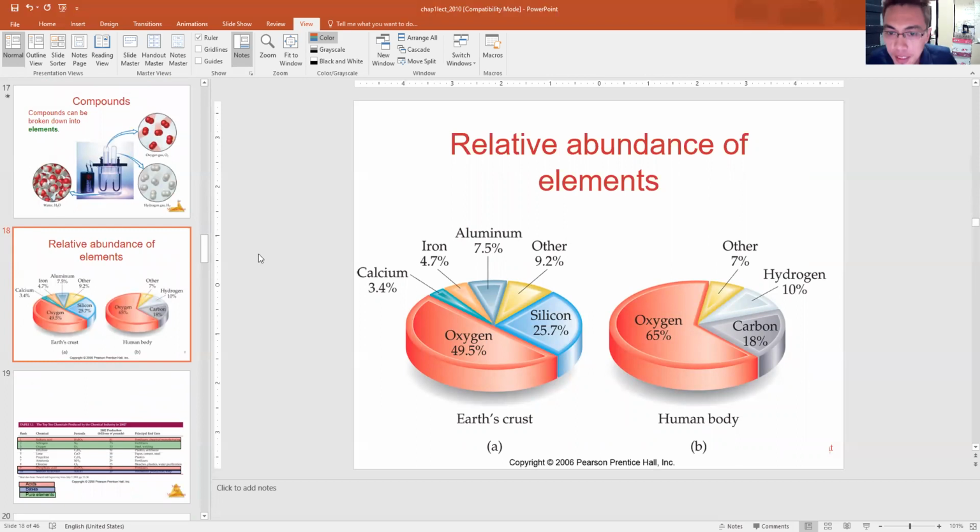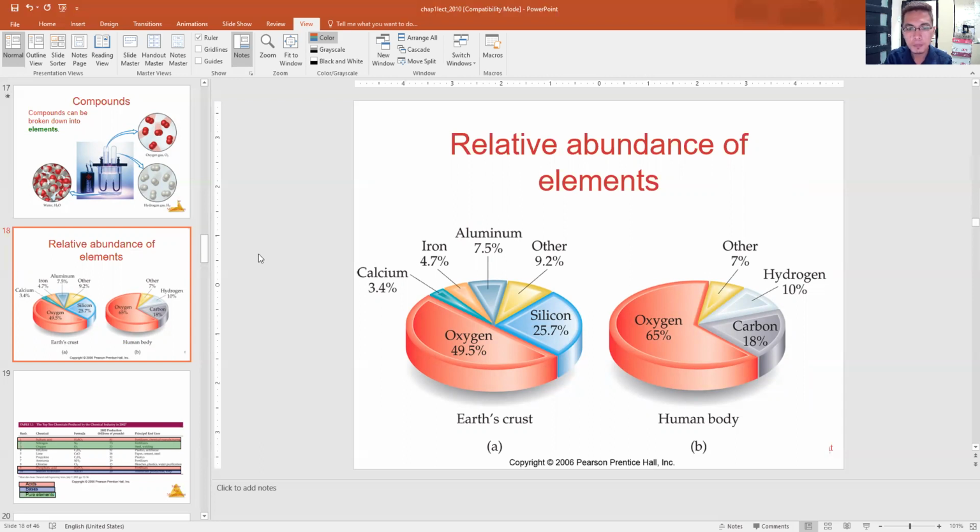So relative abundances of elements. So there are researches or studies na gi-create to get the percent components of different elements in the earth and then in the human body. So for letter A, the earth's crust, the abundance of oxygen in terms of percent is 49.5.